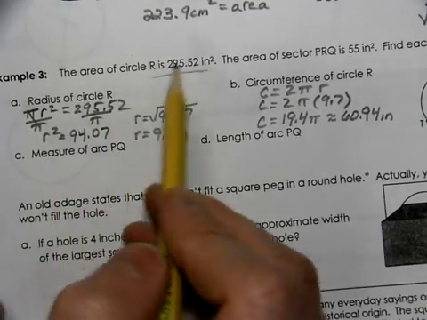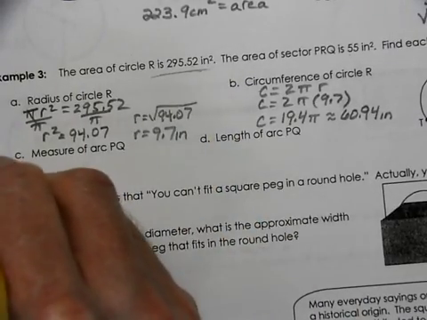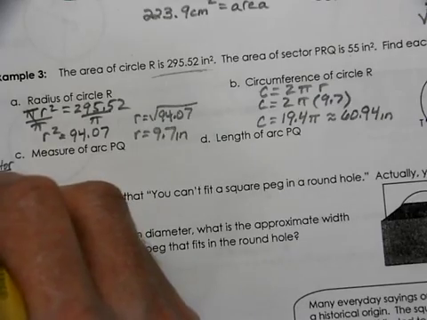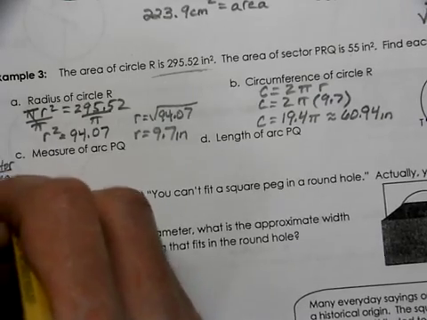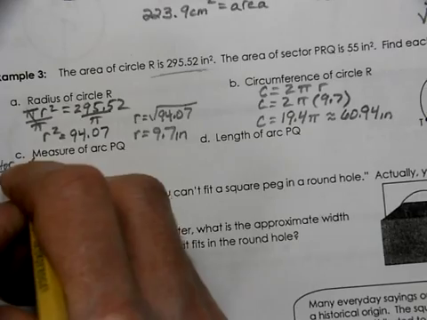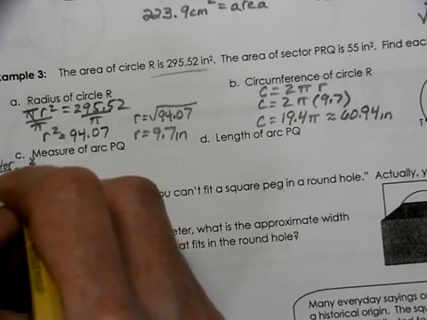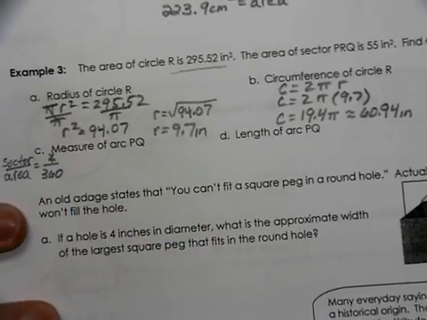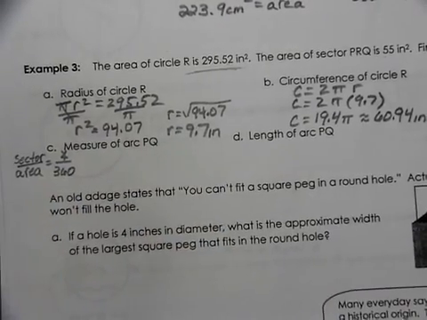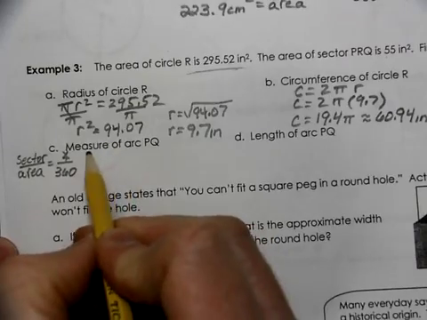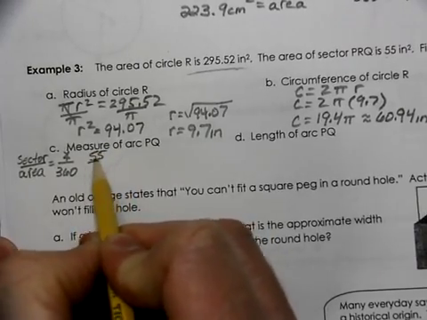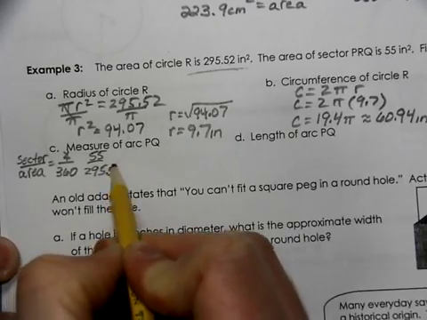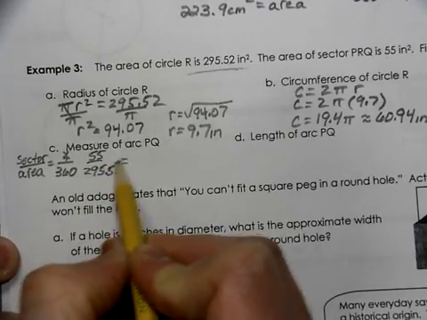So, since we already have the sector value, we already have the area of the circle. We're looking for the angle, and that's always over 360. The sector area was 55, over 295.52, equals the angle over 360.